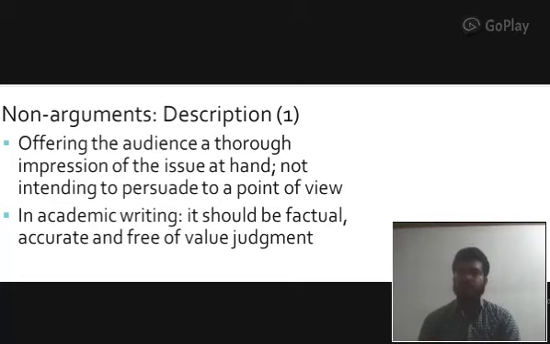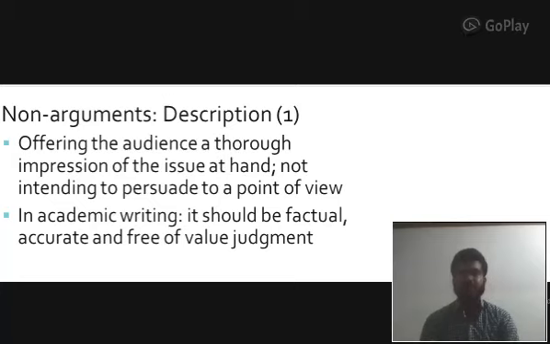And this is something that is not your critical understanding. You're simply saying something that is already there. You're just describing it. You're just using language to talk about how things are. And since this is not an argument, you do not intend to persuade people to your point of view, because this is something that is evident to all the people.